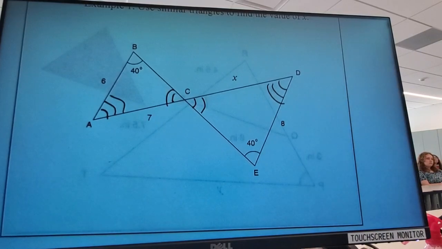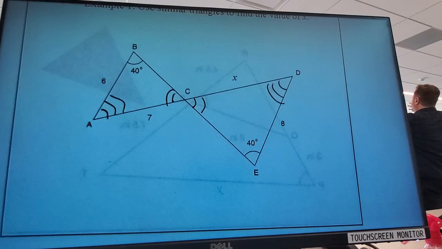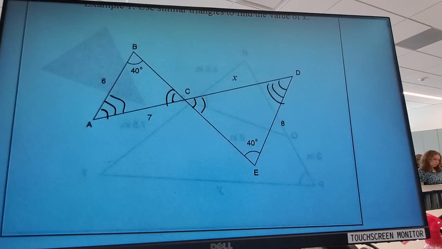Can you guys take a minute and set up any ratio you see? A correct ratio showing which side is similar to which side. Preferably a side that we are interested in or know something about.